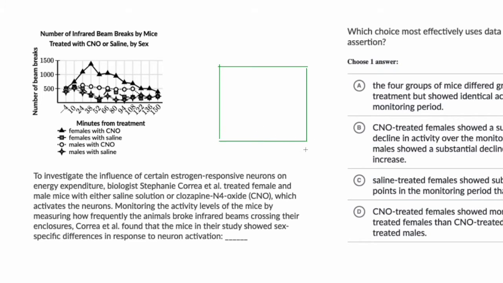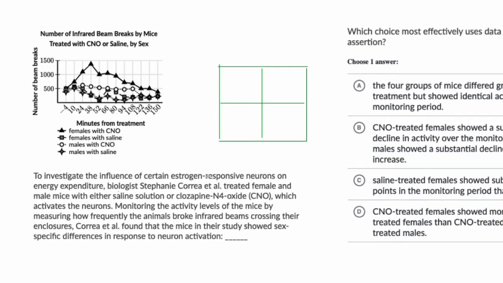And also just note something that you might already know, but might have gotten hazy on. Saline solution, or this complicated sounding compound, clozapine N-oxide. We want to be able to identify in a situation like this what our control group is.